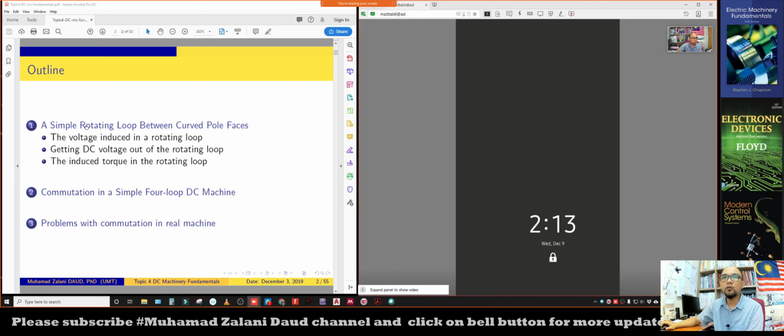All right, and then when we talk about induced voltage in this case, basically it's about the generator. Okay, so in general, when we talk about a machine, basically is that machine working as a generator or motor? Okay, those two questions. When we talk about voltage induced in the rotating loop, this is basically referring to the generator.